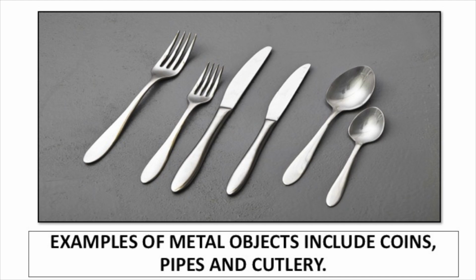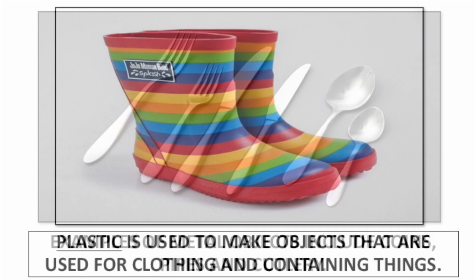Examples of metal objects include coins, pipes, and cutlery. Yes, usually when we eat food, the cutlery that we use, knives, forks, spoons, will be metal.